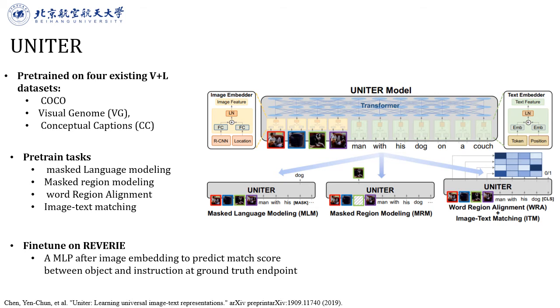We fine-tune Unitary on the REVERIE dataset in order to get the matching score between region of interest and instruction. We use a multi-layer perceptron after the image embedding output from Unitary.